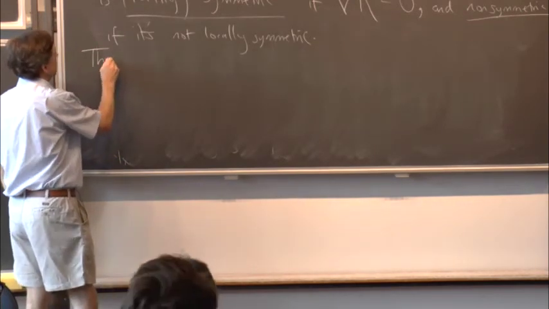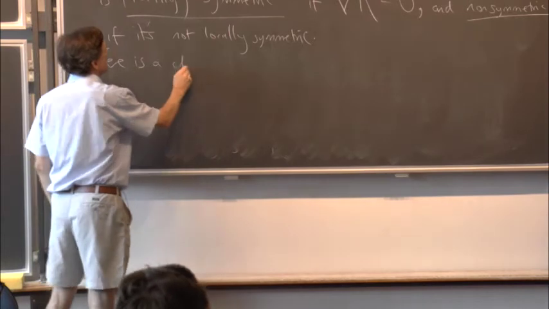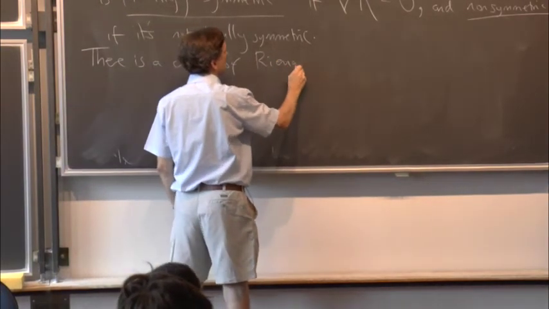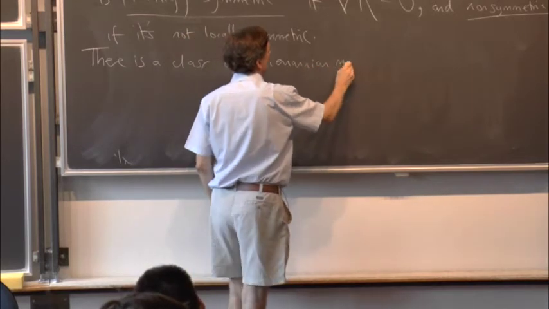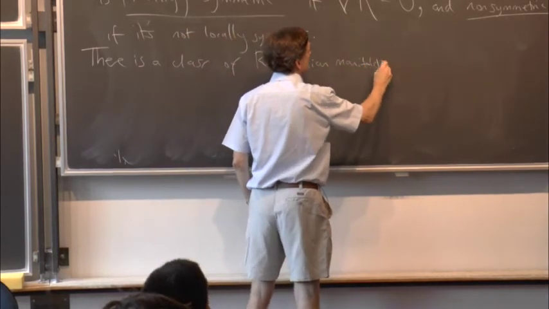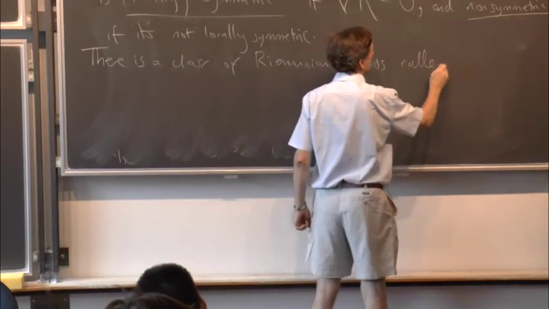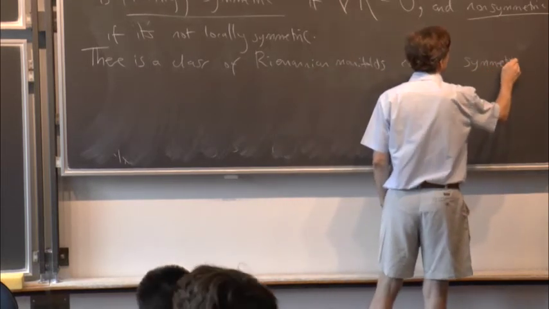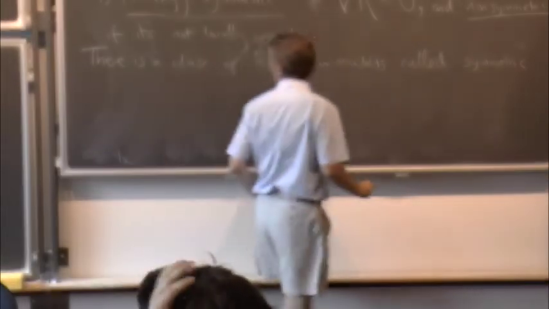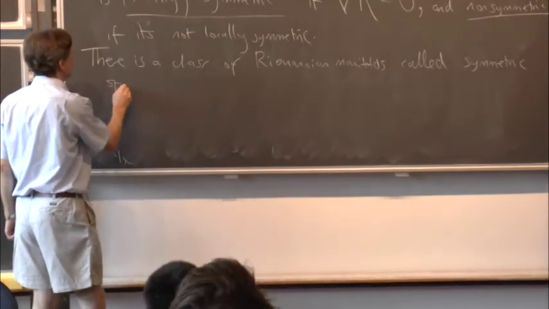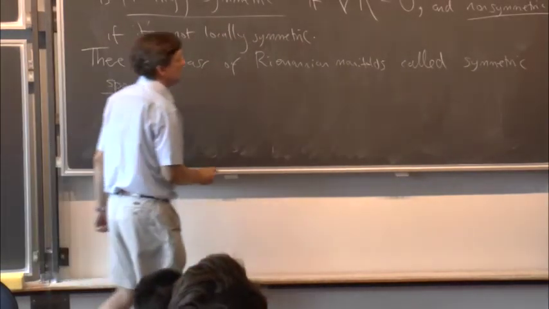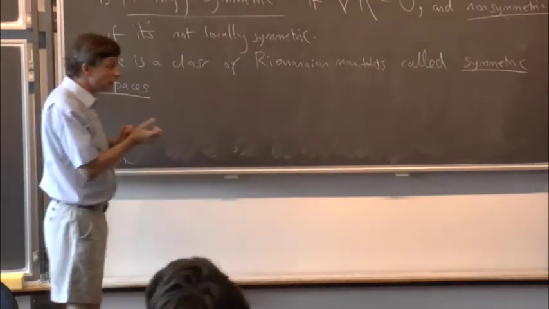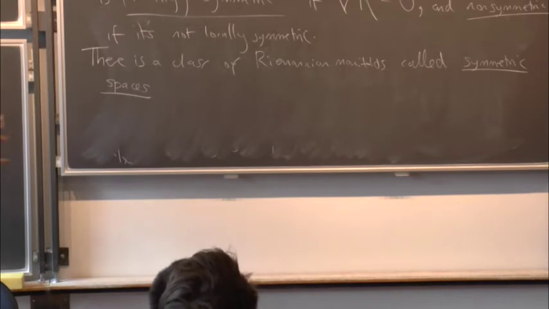So there is a class of Riemannian manifolds called symmetric spaces. They're characterized by the fact that they have awfully large isometry groups, basically.